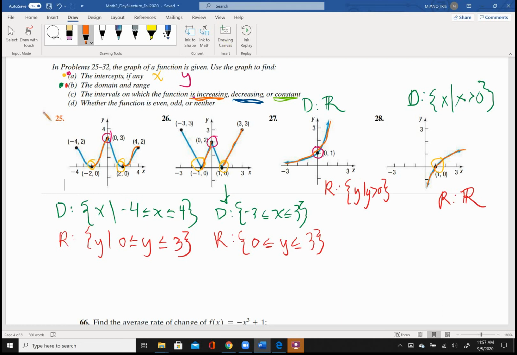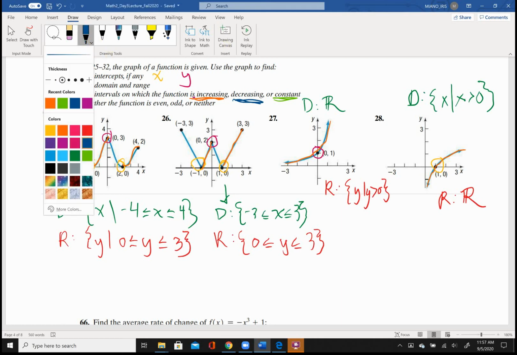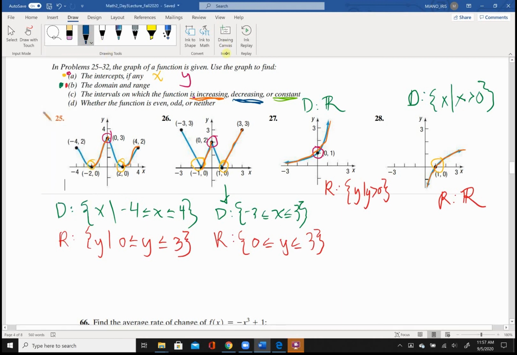We are decreasing, let's see, where's that blue color? Here and there, and there, and at no point in numbers 27 and 28, and at no point are we constant as far as the series of values is concerned for any of the 4 examples there, so we won't have any of those light blue instances.